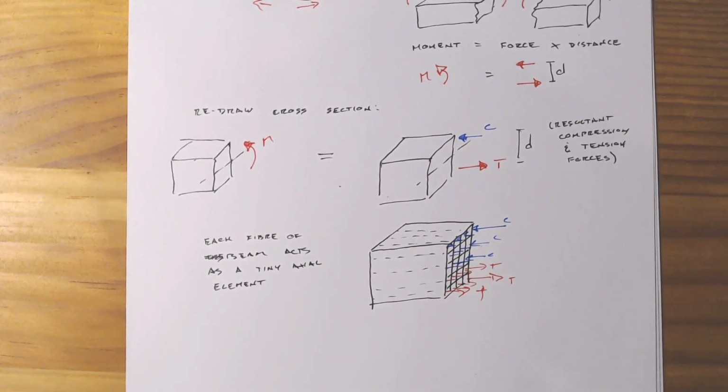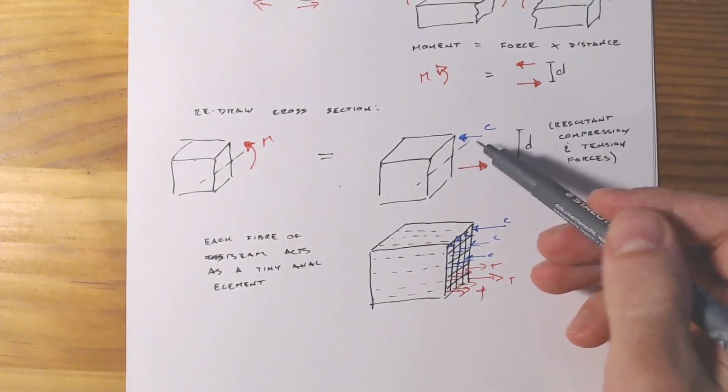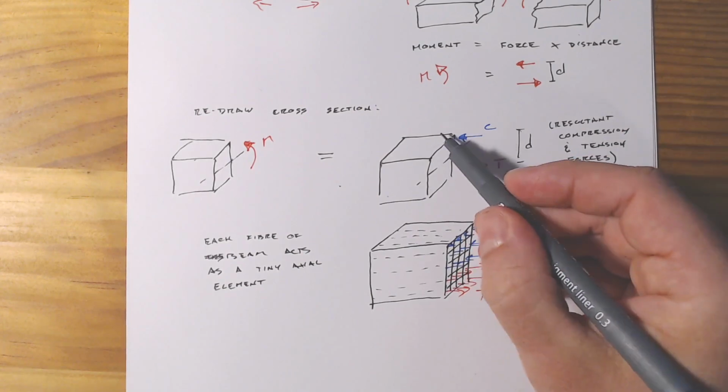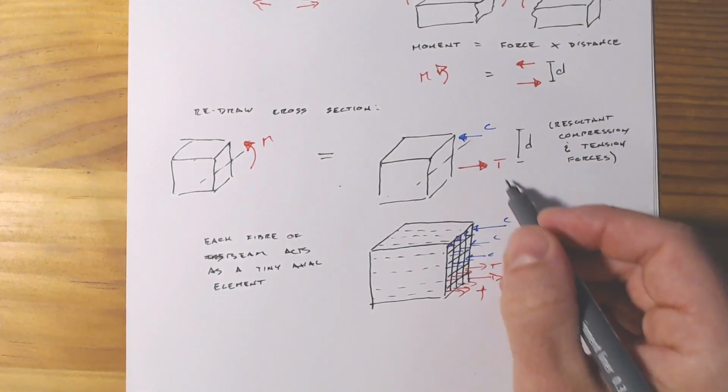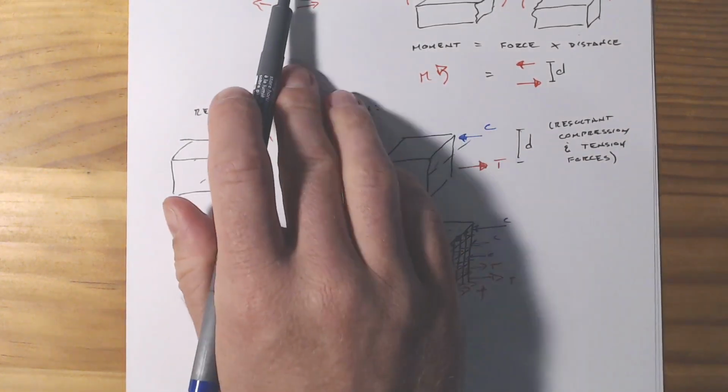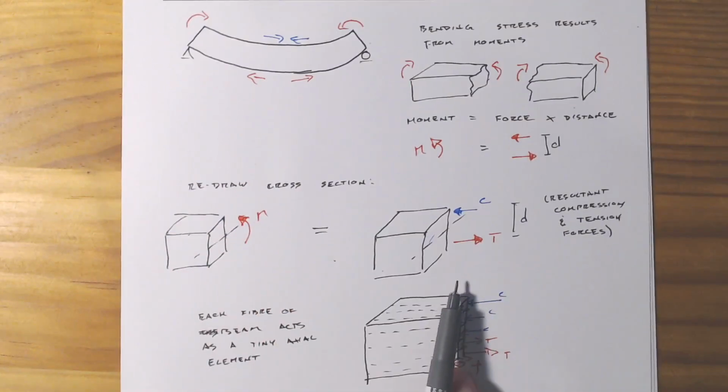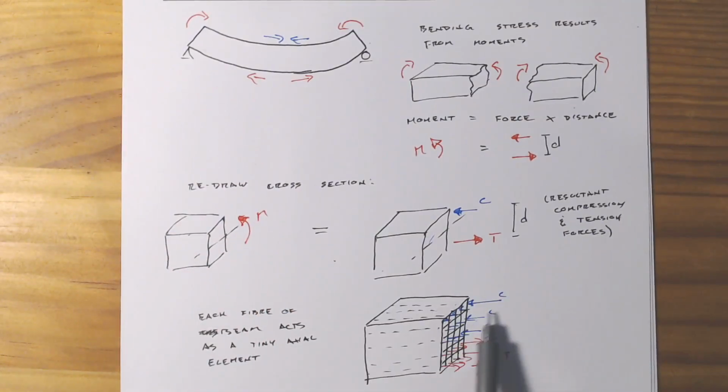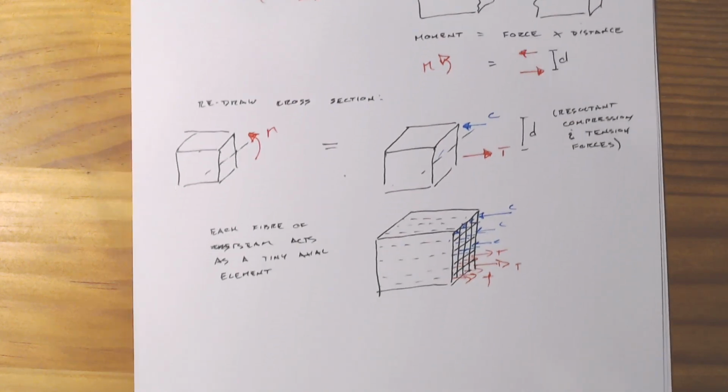All right, and again, this should make sense. We're effectively just taking this big area and chopping it into little areas. We know that the top has to be in compression and the bottom has to be in tension. Now, the question is, by how much and what is the distribution of these tension and compression forces?